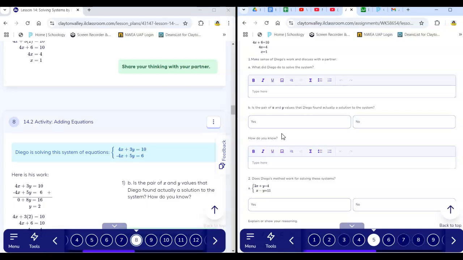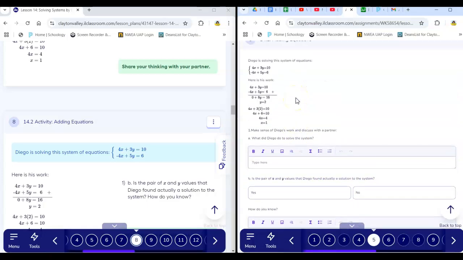Okay? And you're going to test his answer and see if it came out right. And young people, you should be able to do this by now.